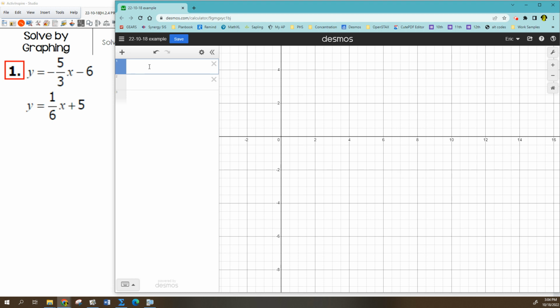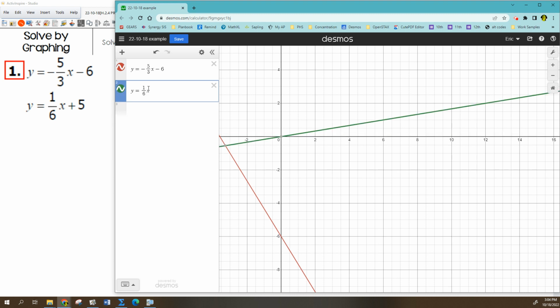If you guys want to bust out your Chromebooks and open up Desmos graphing, go ahead. Just work along with me here. So y equals negative 5/3 x minus 6, and y equals 1/6 x plus 5.